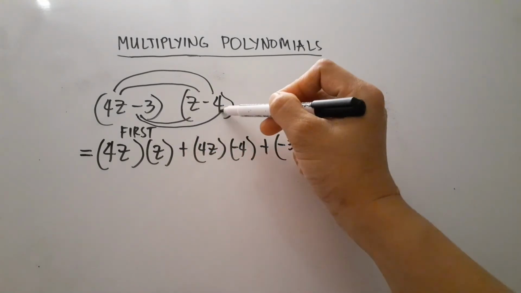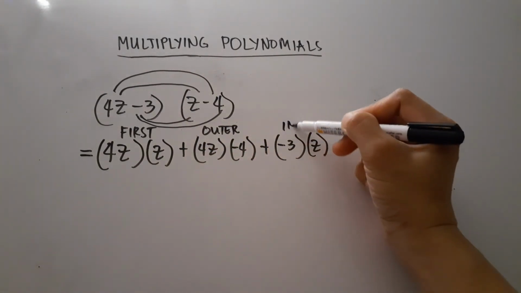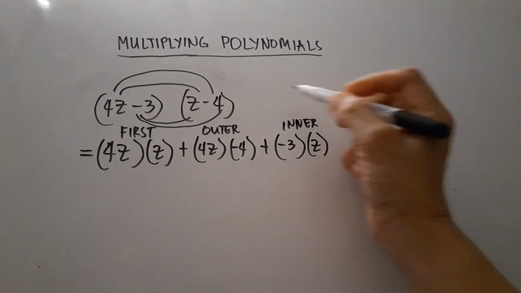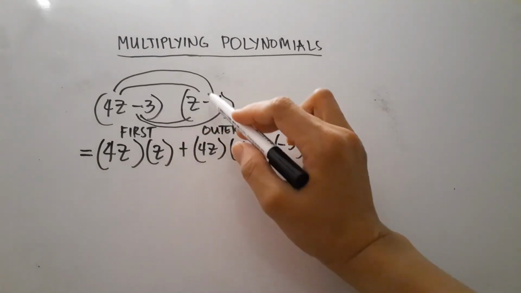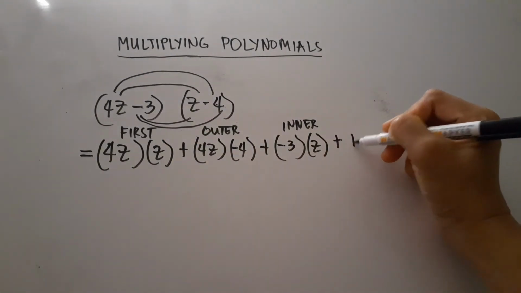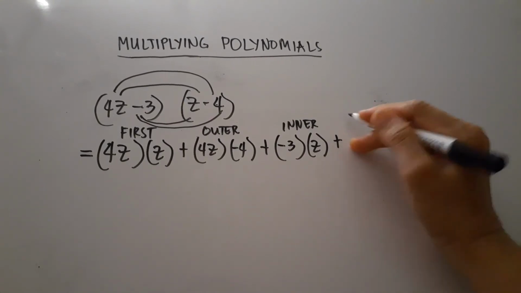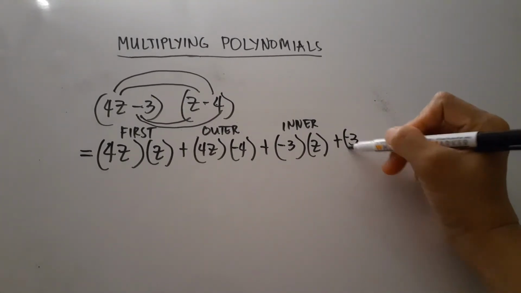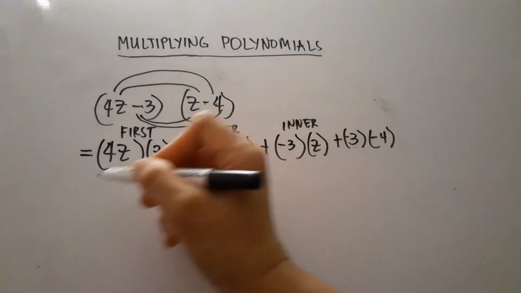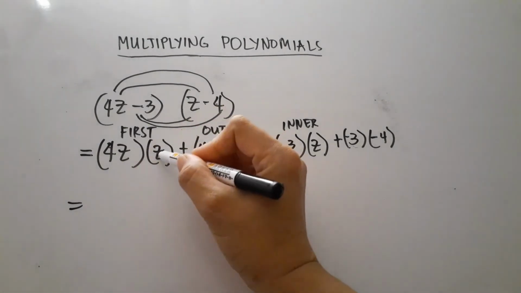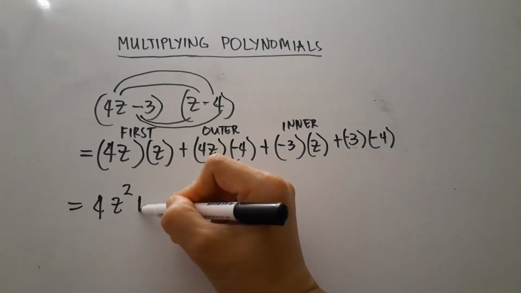Then negative 3 times negative 4 becomes positive 12. Since negative times negative becomes positive, the answer is positive 12. So z times z becomes z squared.